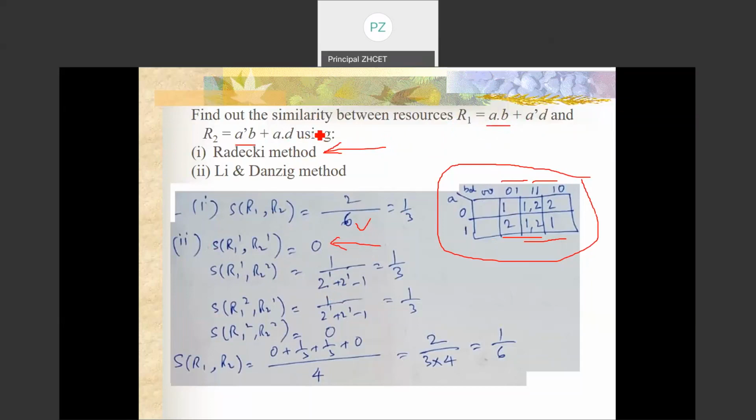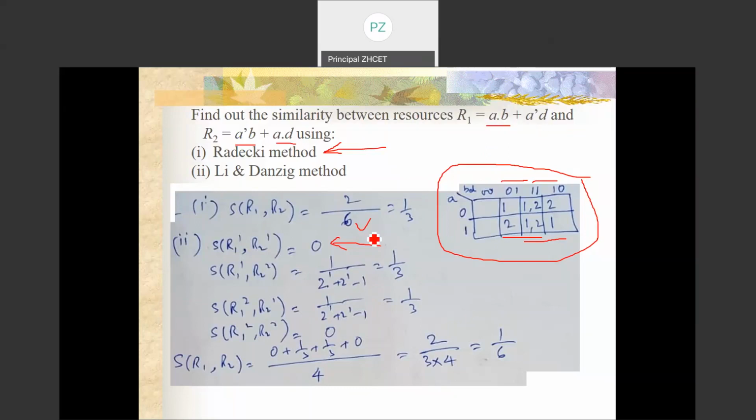How many terms are here but not there? 1 again, which is D. So 1 upon 2 to the power 1 plus 2 to the power 1 minus 1 is equal to 1 by 3. So this is about the similarity of AB with AD.